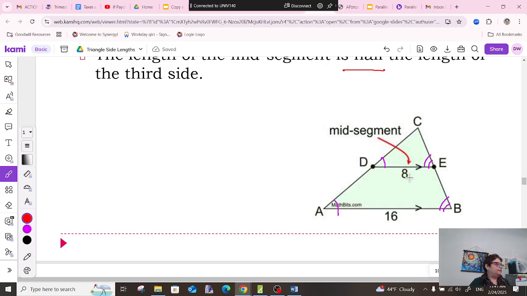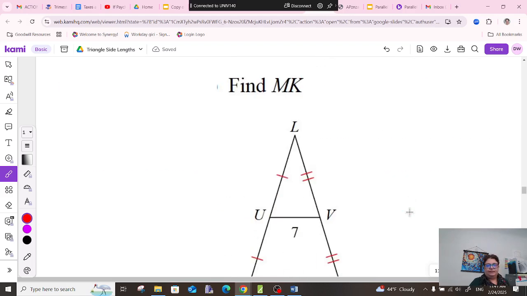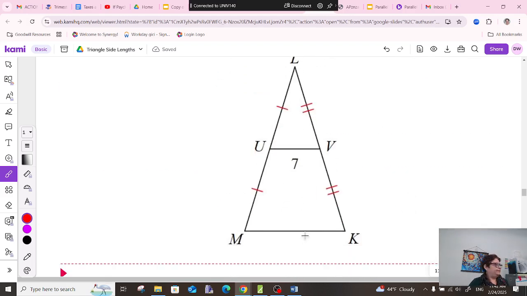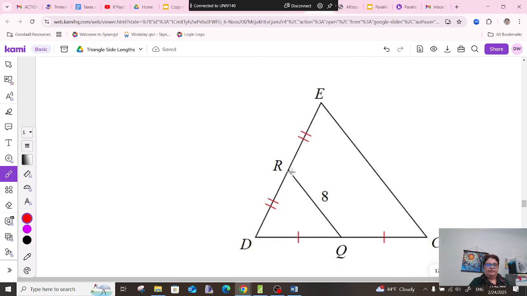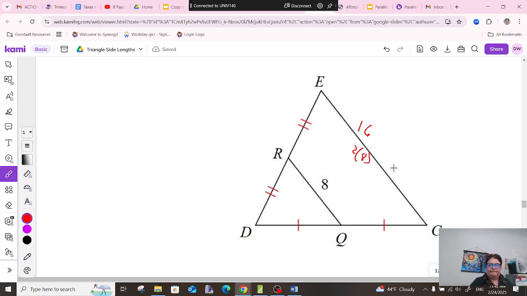I double the midsegment to get the opposite side. So what's this one? 14. It is 7 times 2 is equal to 14. So what would this one be? 16. 8 times 2 is equal to 16.